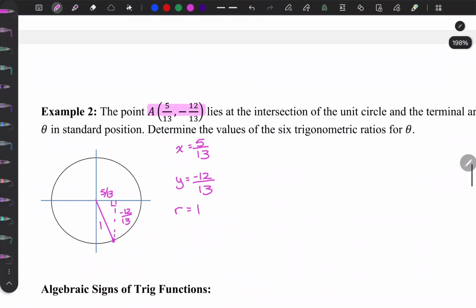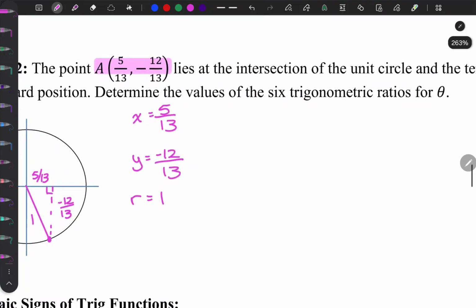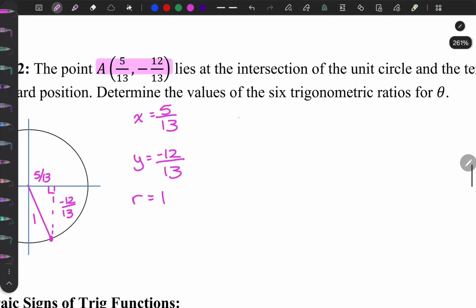And for this, what we're going to do is find the values of all 6 trig ratios. So let's start with our primary trig ratio, and then we'll find the corresponding reciprocal. So for sine theta equals y, actually, because we're on the unit circle.